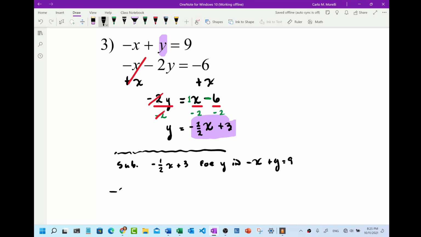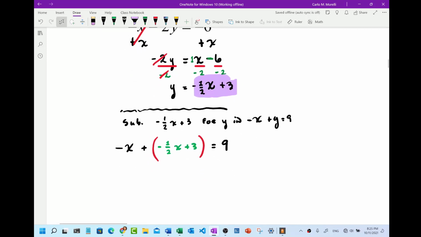We're going to do negative x plus, open parentheses, negative 1 over 2x plus 3, close parentheses, and equals 9. Okay, and so there's nothing to distribute here. We just have to solve.